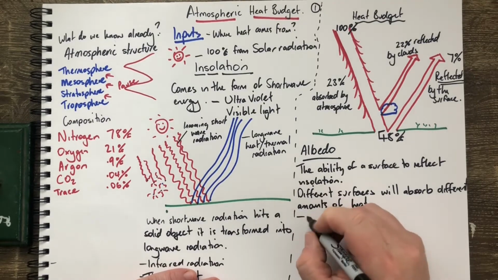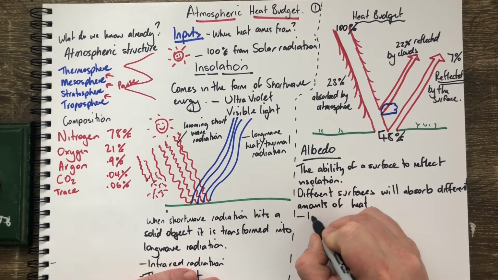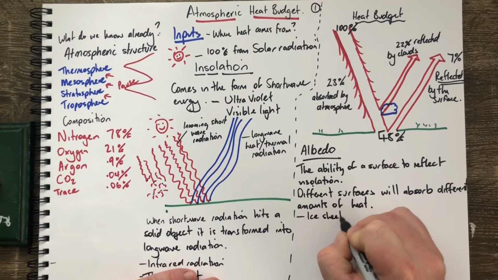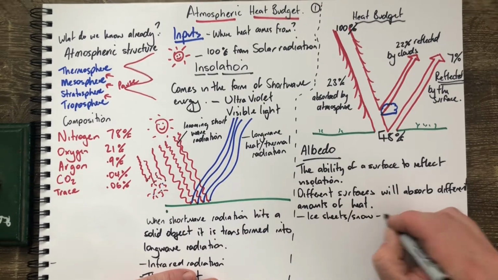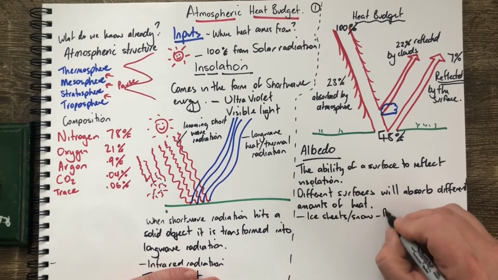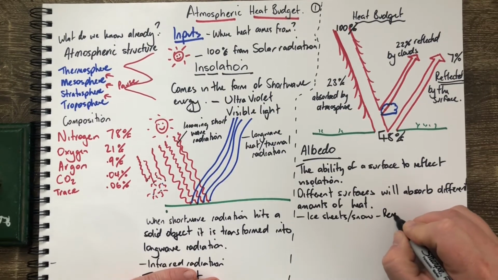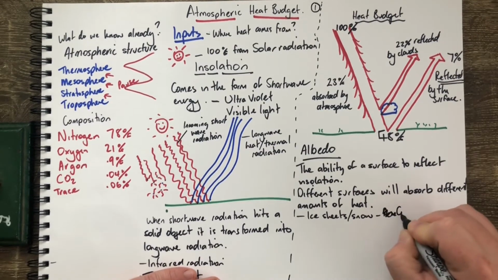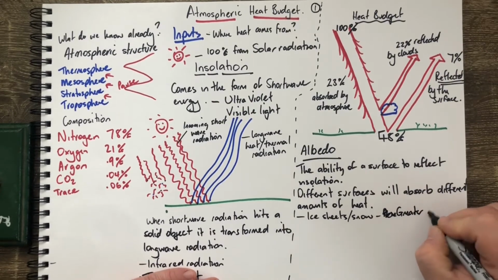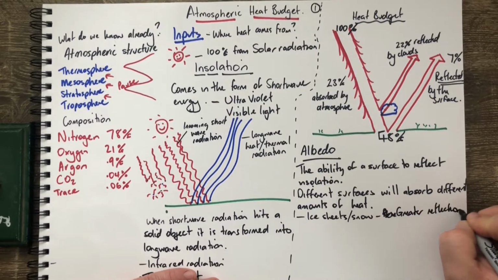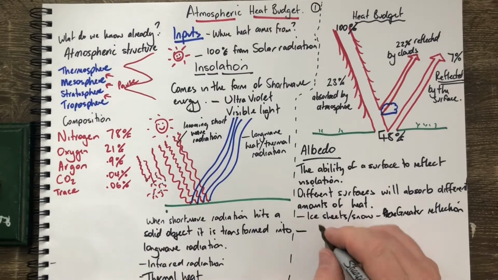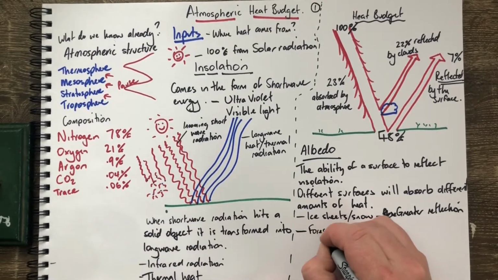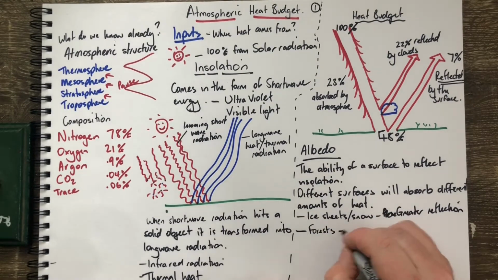For example, ice sheets or snow have a greater reflection. Areas like forests, they absorb.